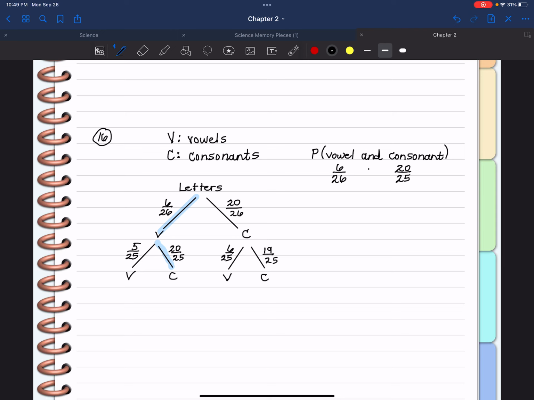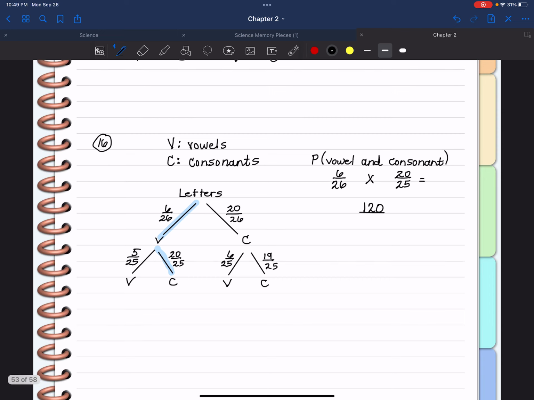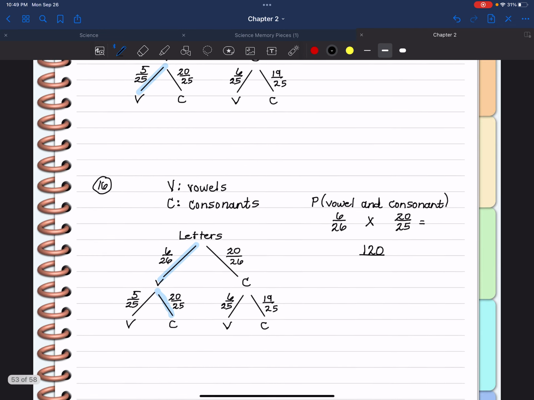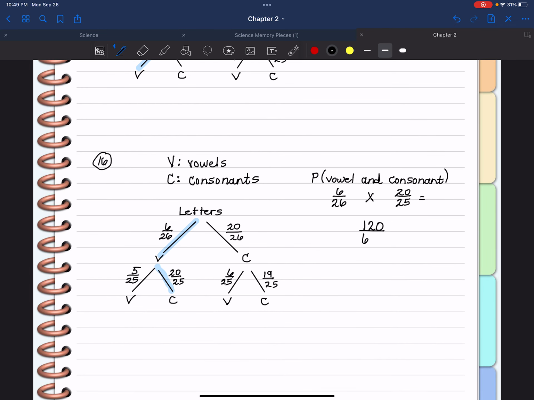The word and means multiply. So we end up with 120 over 650. Was that what we had? Again, I can divide both by 10. So we get 12 over 65. And I believe that is as low as she goes.